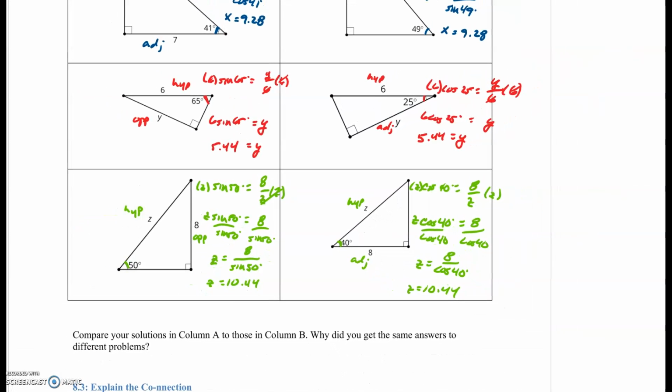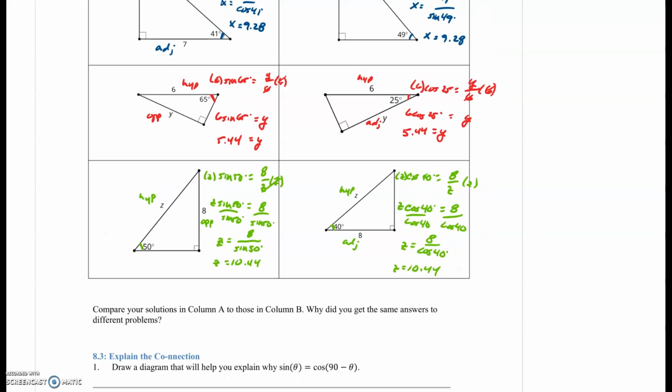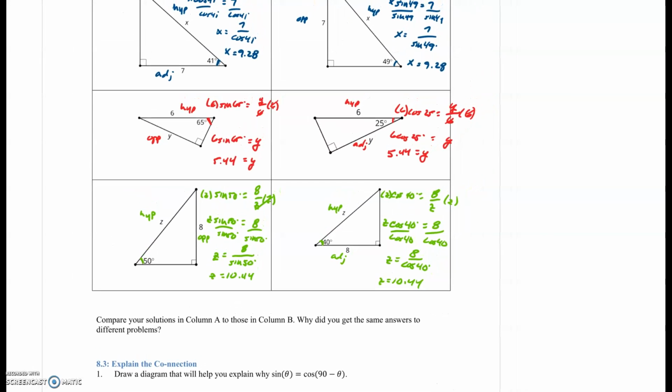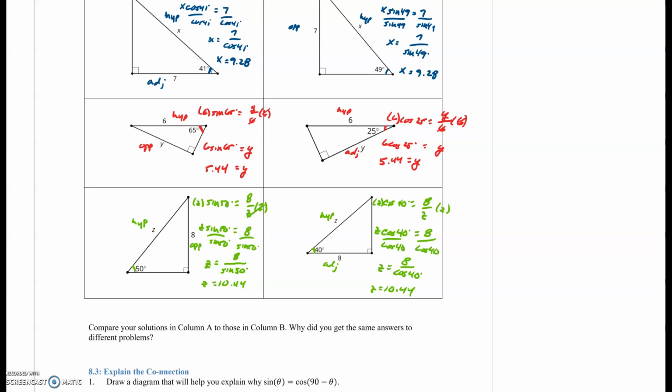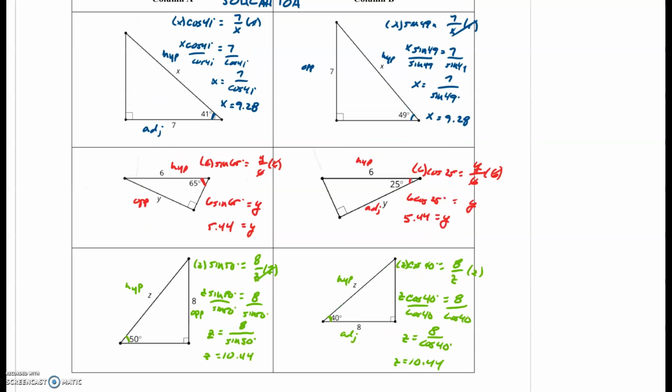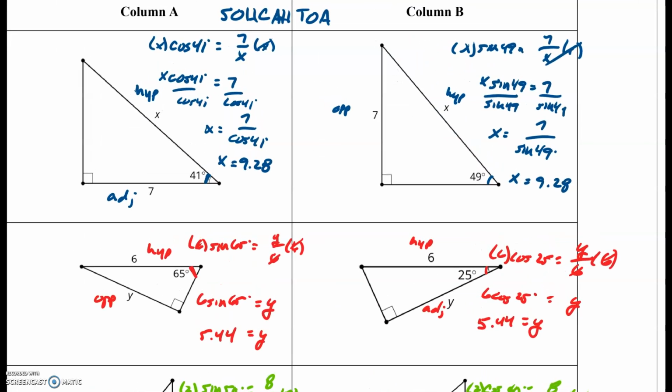Okay, now we're asked to compare our solutions in column A to those in column B. Notice my x value in column A for the first triangle is 9.28, but it's also 9.28 in the other triangle.